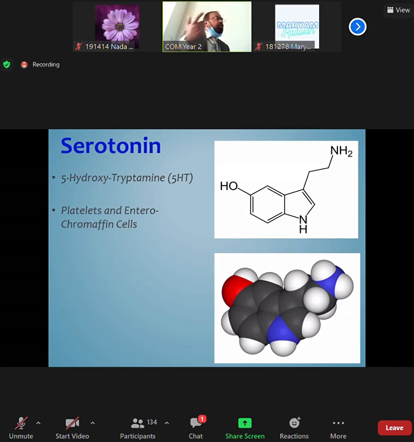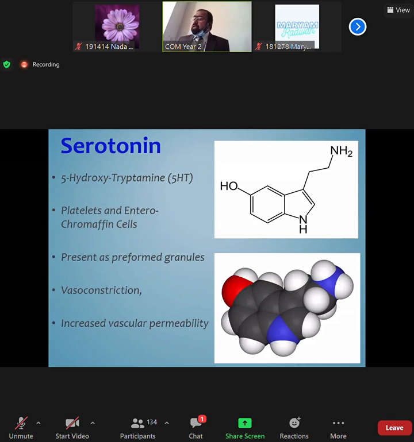I think this is the only chemical mediator which has a specific name, so it is better if you remember this. It will help you in GI tract diseases, because there are a few diseases in which it causes many problems. It is present in preformed granules. It causes vasoconstriction as well as increased vascular permeability.